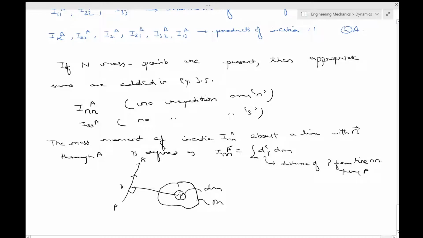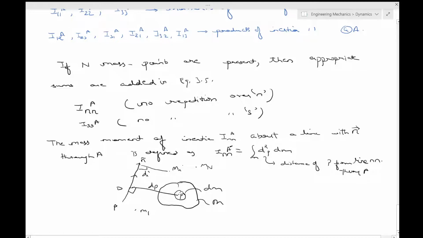The point A, it has to pass through. This distance is dp. Say if you have this additional mass m1, additional mass mi, then this will be di.